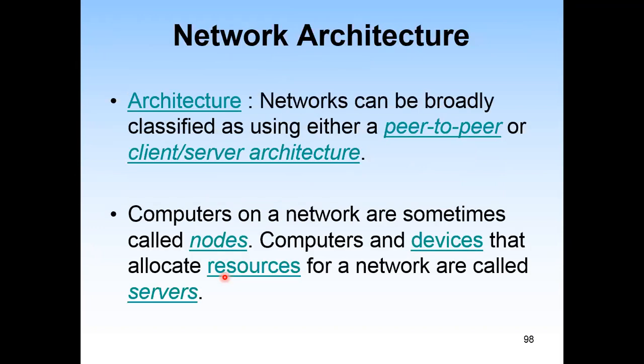Now I will discuss network architecture. Network architecture can be broadly classified as using either peer-to-peer or client-server architecture. Computers on a network are sometimes called nodes, PCs, or devices. Computers and devices that allocate resources for a network are called servers.